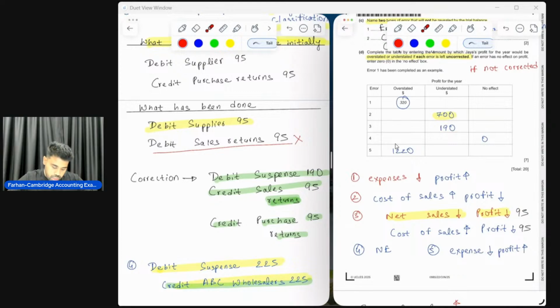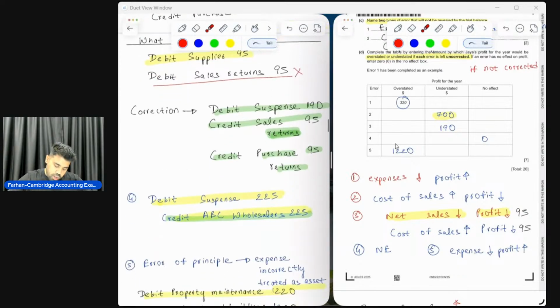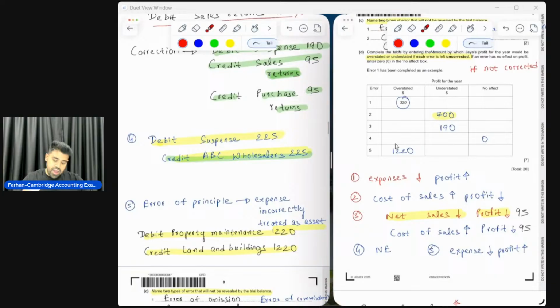Okay. What about error number 4? So in error number 4, we understand that we received a check from our customer, which was recorded correctly, but we forgot to record the effect in the customer account itself. So regardless of whatever it is, when we would have debited bank, which is what our bookkeeper would have done, there is really no income and expense accounts that are affected.